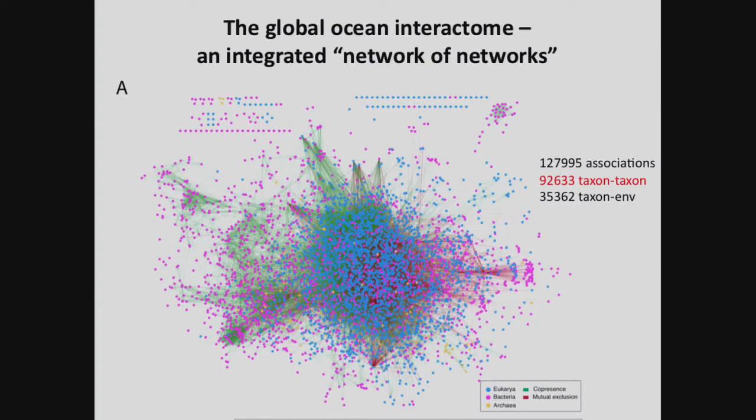And then we got the global ocean interactome, right? This is the network of networks. It's also known as the hairball. And so what you see here is basically everything piled together. There's nothing you can do with this, right? But this is the whole data. This is the global predicted interactome. It has 90,000 taxon interactions predicted.